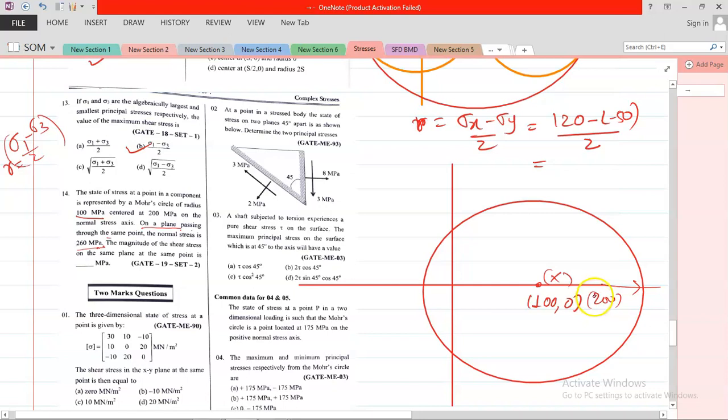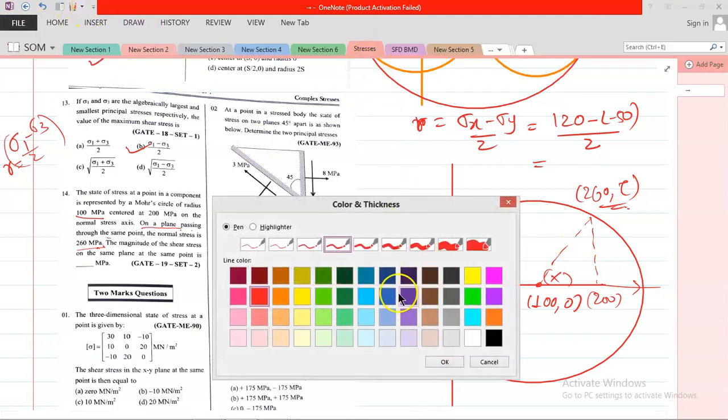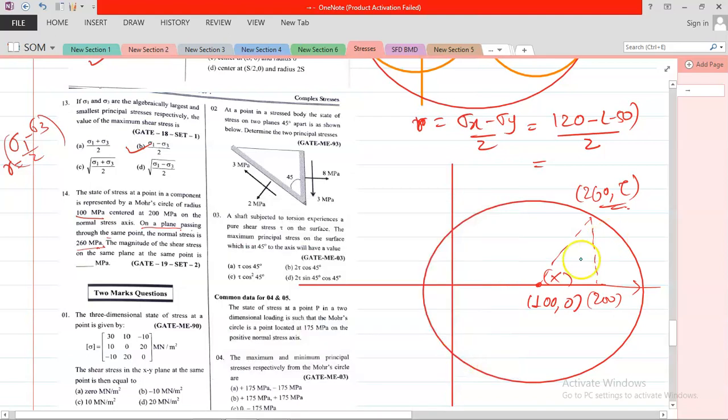Now at the point where the normal stress is 260 megapascal, suppose I draw this line. Then you need to find the shear stress at this point. How can we find it? First of all, consider this triangle. You are given the radius, which is 200.